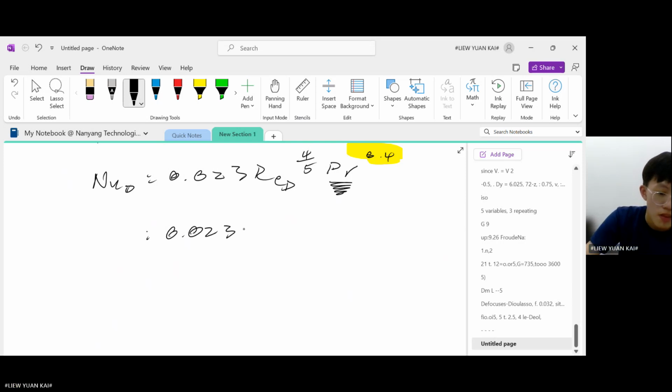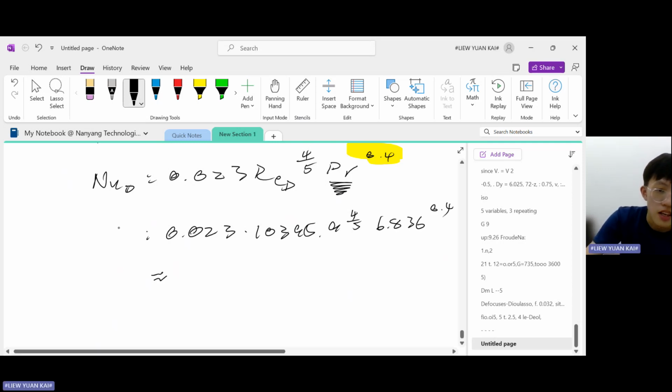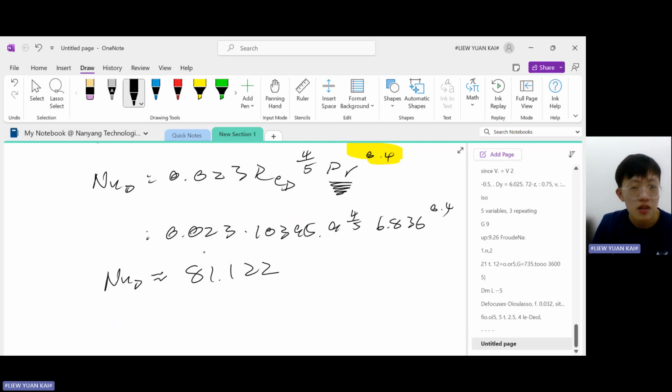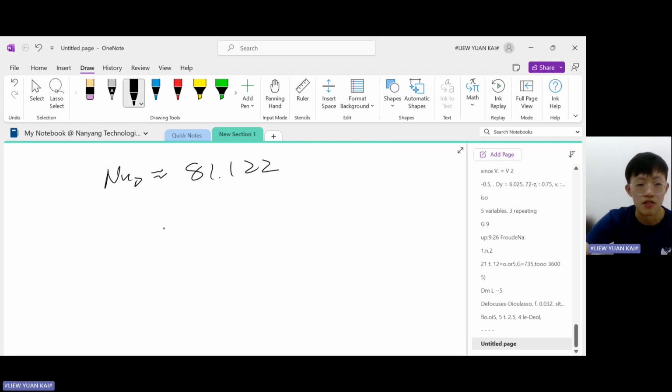Plug in your Reynolds number from earlier, and then your Nusselt number will be evaluated to be 81.122. So this is your Nusselt number. And remember, once you have the Nusselt number, you're only one step away from finding the convective heat transfer coefficient.